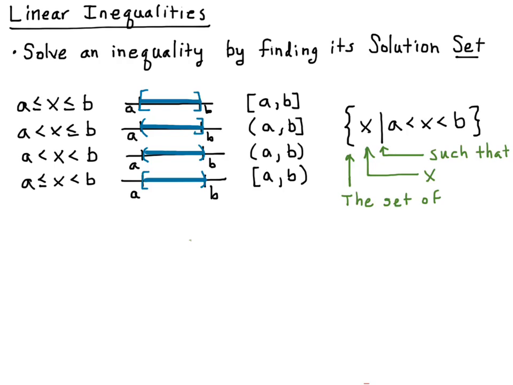So you read this as the set of. You put in a variable, so we're talking about x maybe. And so we have the set of x, and then we describe what x is. And this vertical line here, which is on your keyboard, on the second line all the way on the right, means such that. So we read this as the set of x such that x is between a and b.